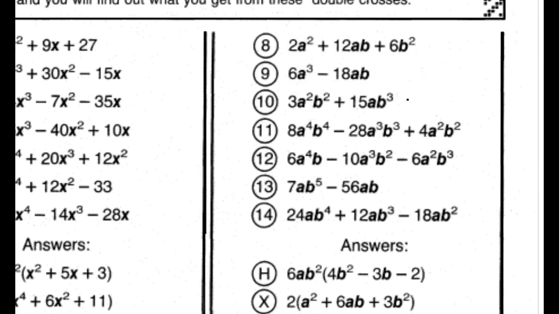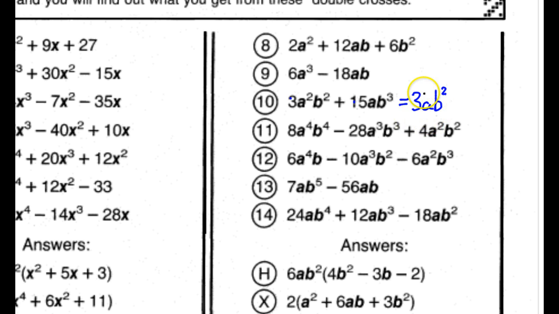Like on 10, you can see they have a 3 in common. A 3 goes into both of them. These both have an a. There's an a squared and an a here. So I have an a in common. And they also have a b to the second. This has a b to the second, this has a b to the third. So they at least both have a b to the second.